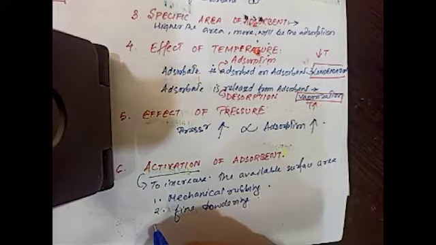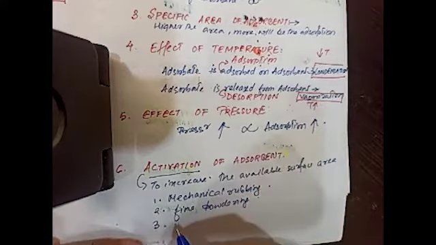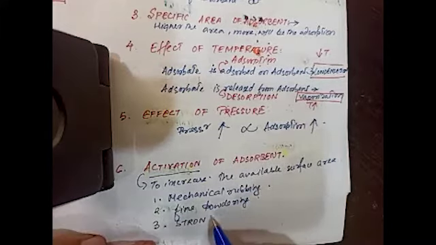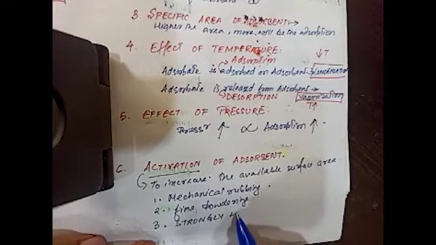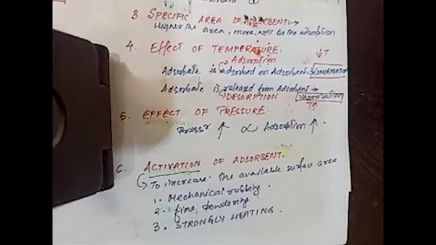Next, number 3, by strongly heating it. Strongly अगर हीट कर दो तब भी जाके एक्टिवेट हो जाता है. Strongly हीट करने से डिसॉर्प्शन बढ़ता है. As a result, it becomes activated. Activated means to increase the available surface area for adsorption.